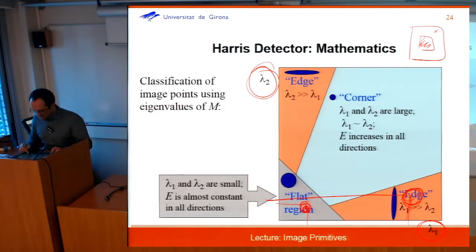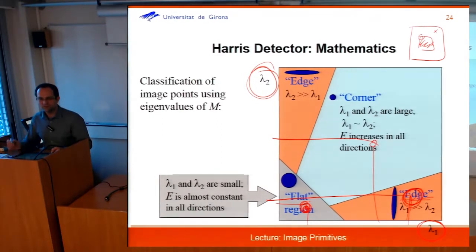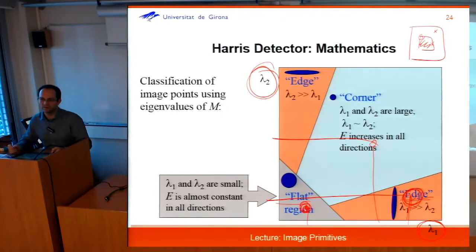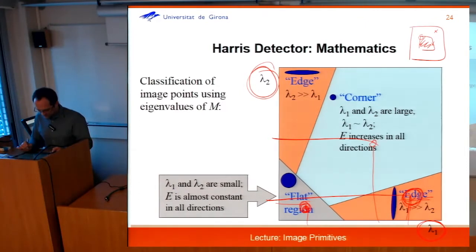This means that I'm in an edge. So it will be at this point here. And if both of them are big enough, this means that I'm in a corner. So the Harris method is just building this M matrix for every pixel, computing the two eigenvalues, and if both of them are big, then this is a corner.